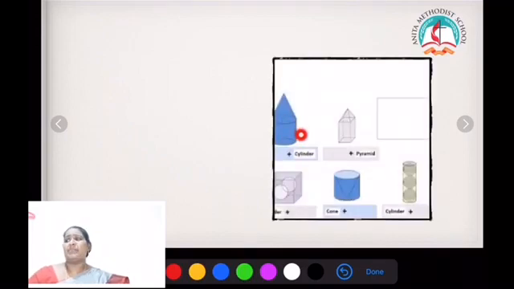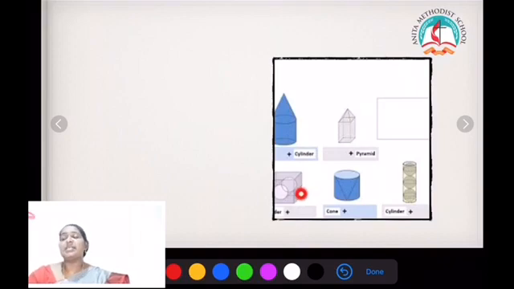See children, here we have cylinder plus cone. Depending upon the question, whether surface area or volume, you have to use the formulas. See this diagram: here it's given cuboid plus prism.